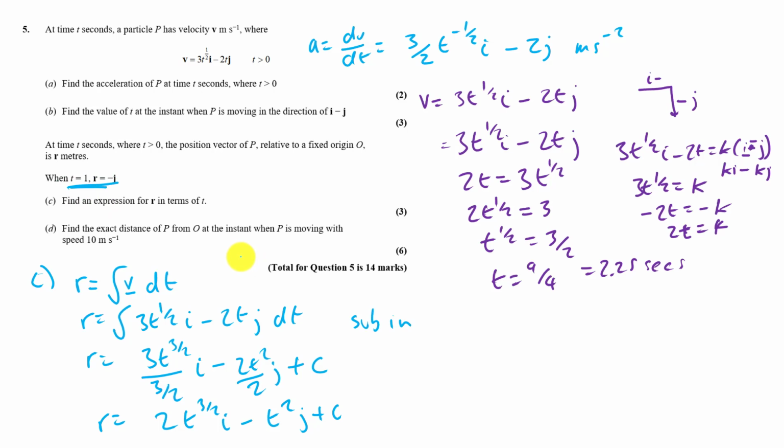So when t equals 1, r equals minus j. So what we're going to get is minus j equals essentially 2 times 1 to the power 3 over 2 i minus 1 squared j plus c.